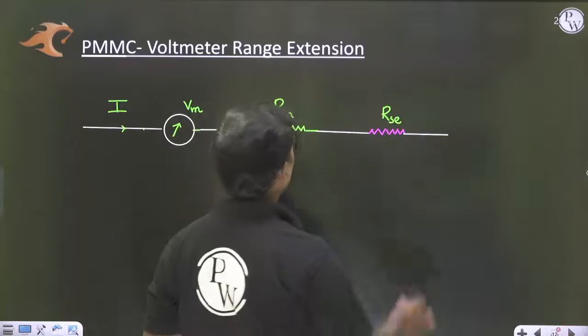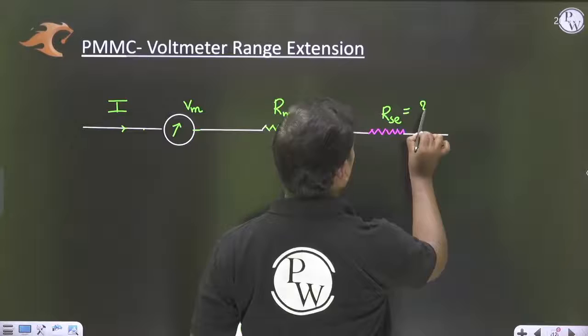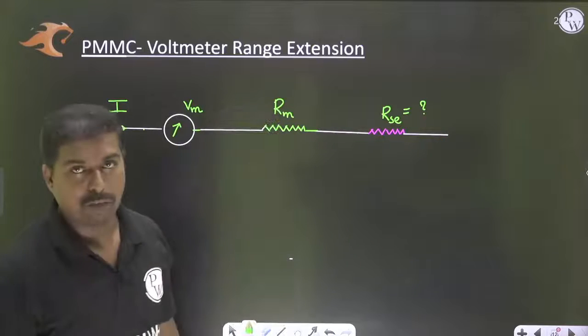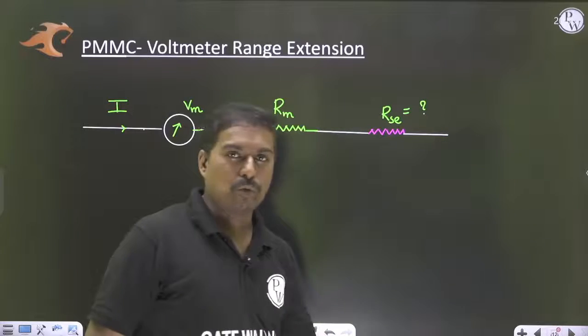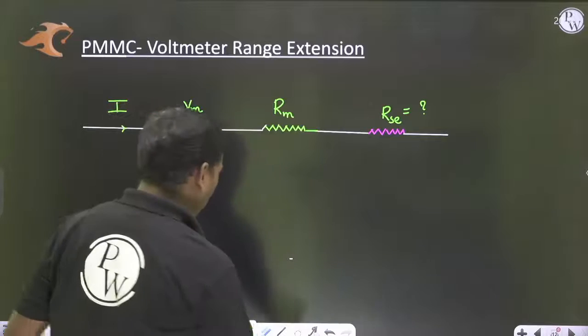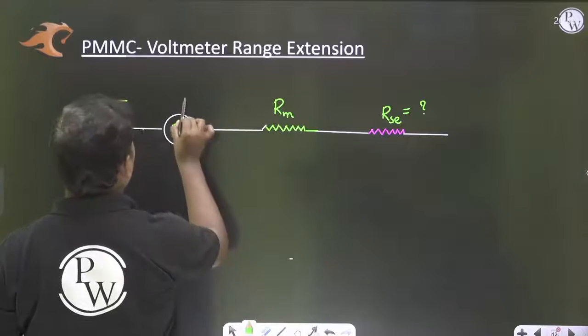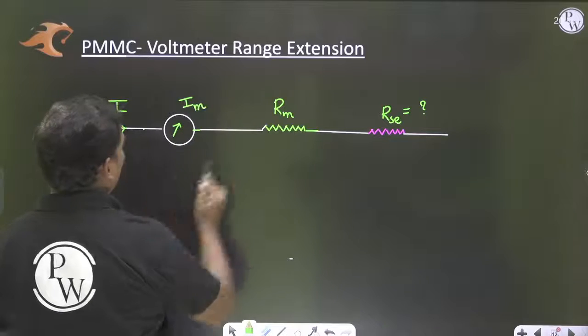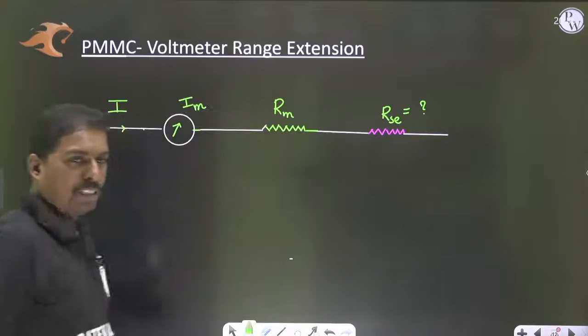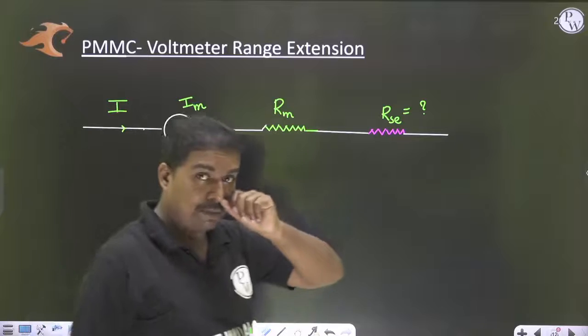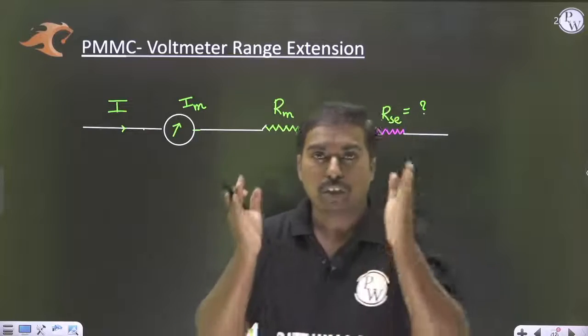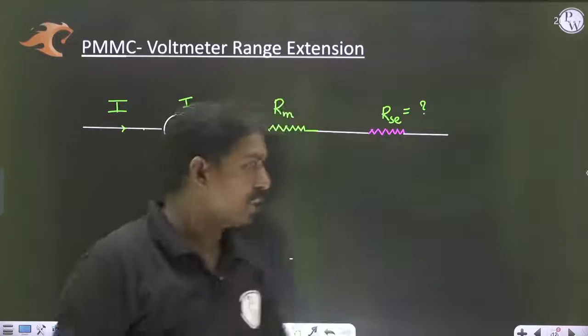Now, the question here is that by connecting this series resistance, the range can be extended. Because as you know, for this particular voltage drop, if you take Im, it is a Vm. Why? Because the meter current and meter resistance are together. So the voltage across that meter will be this one, Vm.